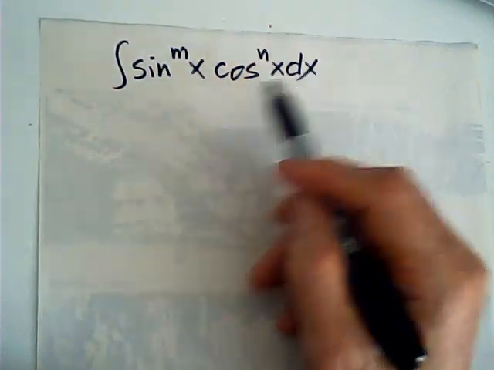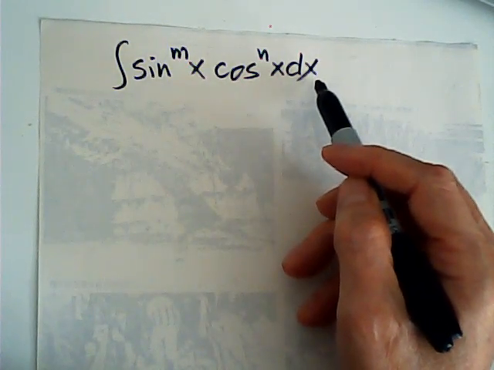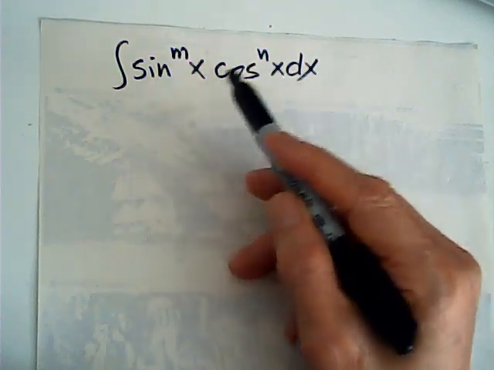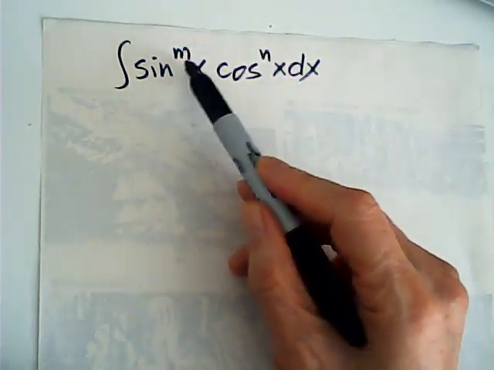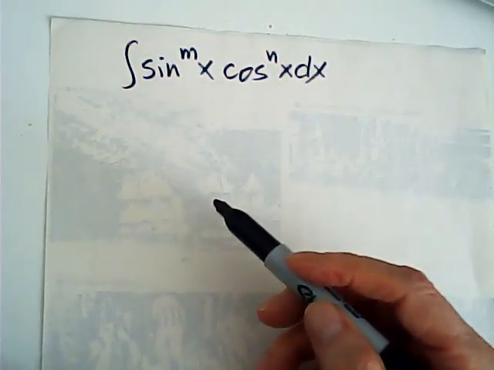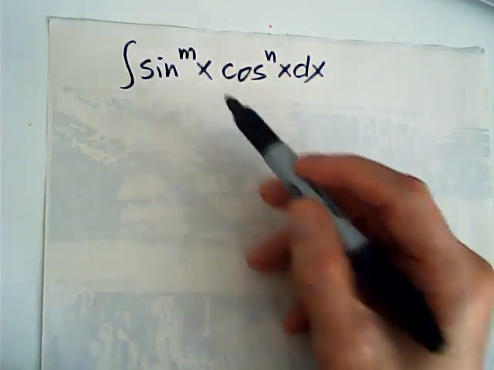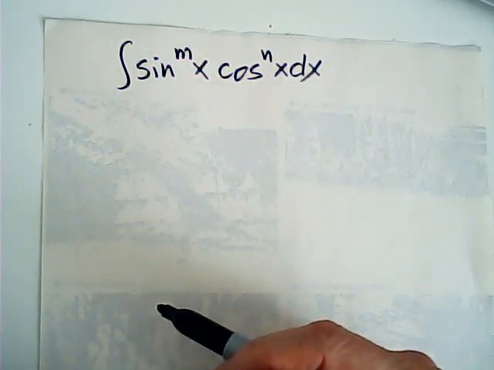Okay, now let's think about the cases. How many cases could there be? M and N could be both even. M and N could be both odd. And M and N could be one odd, one even. All right.